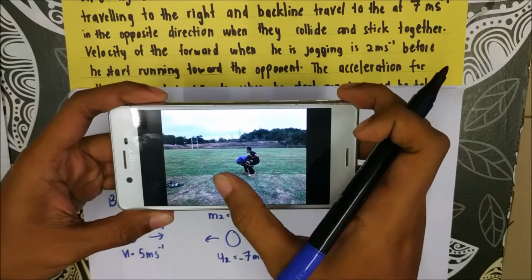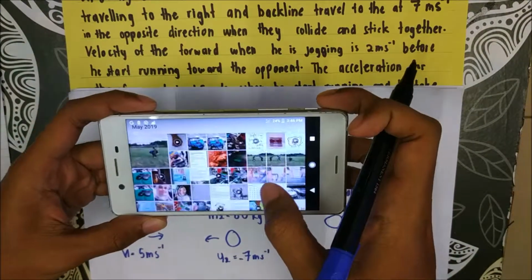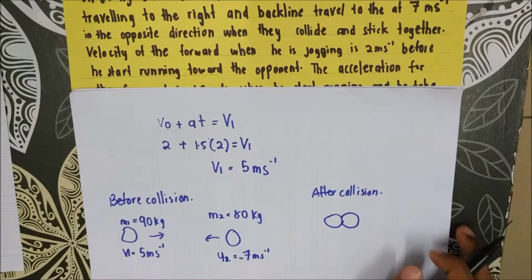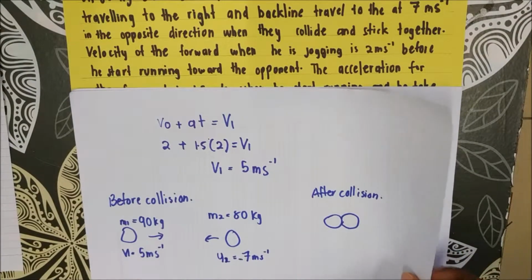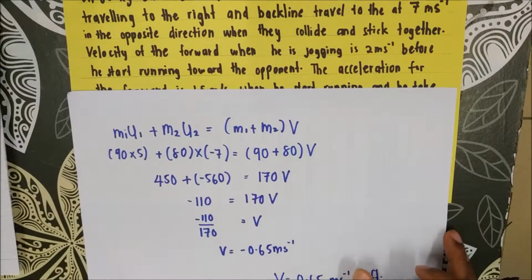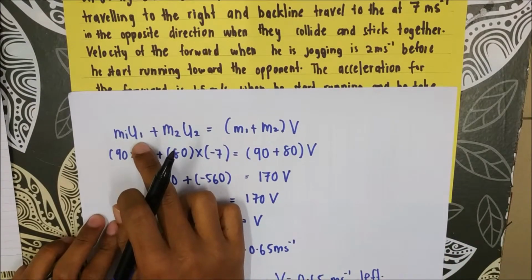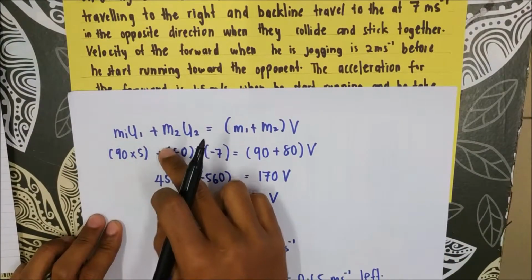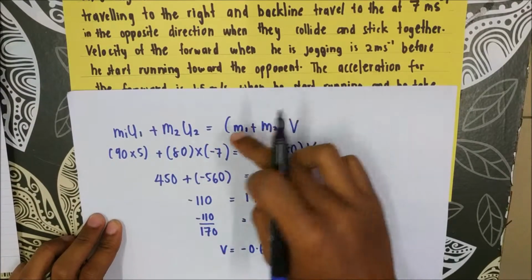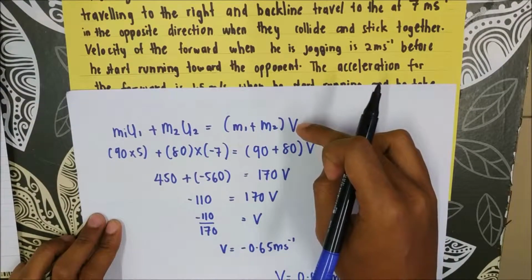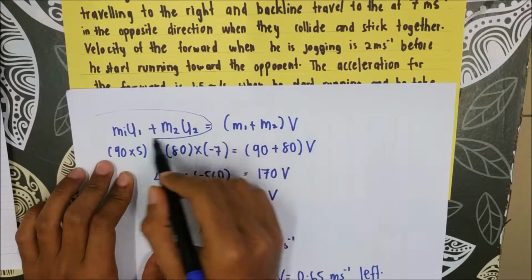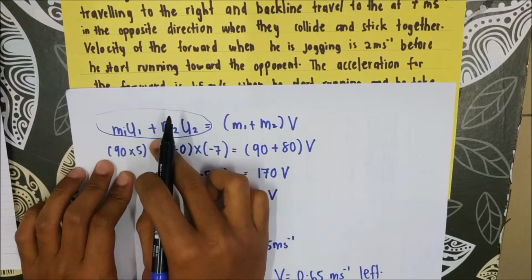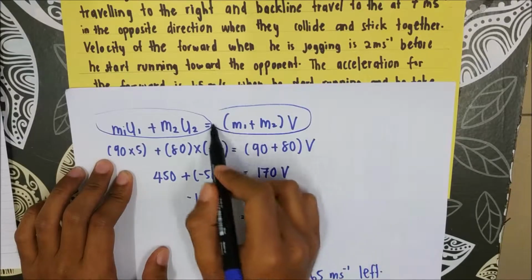After that we use the formula M1 U1 plus M2 U2 is equal to M1 plus M2 times V. This is the formula before collision, and this is after collision.